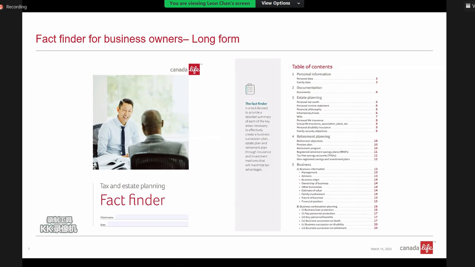Page 3, sections 3, 4, 5, they go more in depth into the overall estate planning of the client themselves, the retirement planning of the client themselves, as well as the business and how that looks, right? So once again, it's a very, very robust list of fact-finding information.